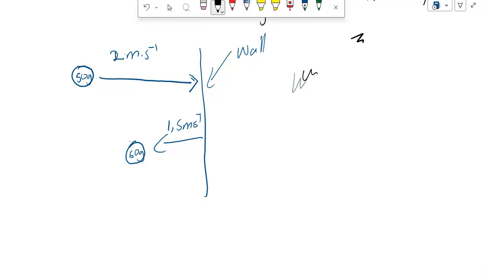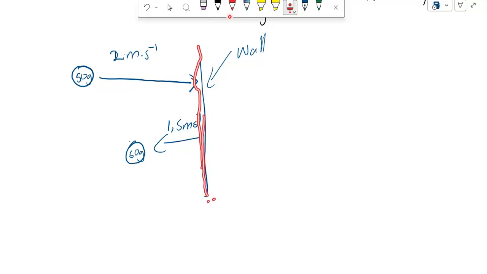Here, let me erase this such that you're not confused. Let me try to explain what we have here. This is a ball which is 50 grams. It is thrown in an east direction, or to the right, at a speed of 2 meters per second. The ball then bounces on this particular wall.